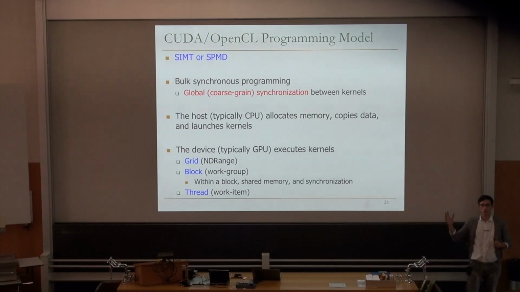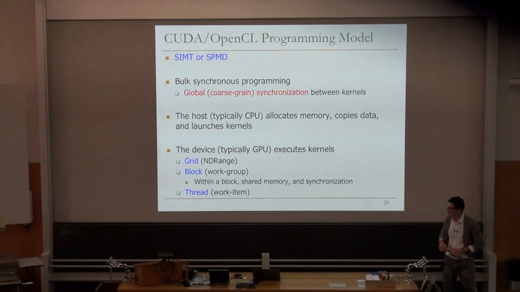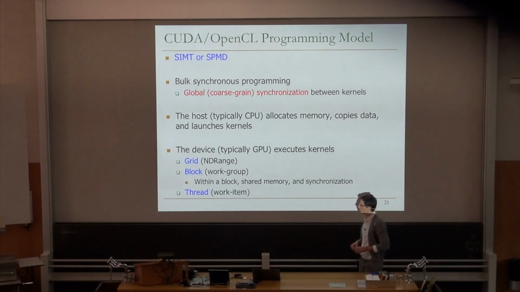So if we want to launch the kernel and run the threads on the vector lanes, we need to somehow group these threads and put each of these groups, or blocks, of threads into each of these SIMD pipelines or SIMD cores. That's one reason to organize the threads into blocks.